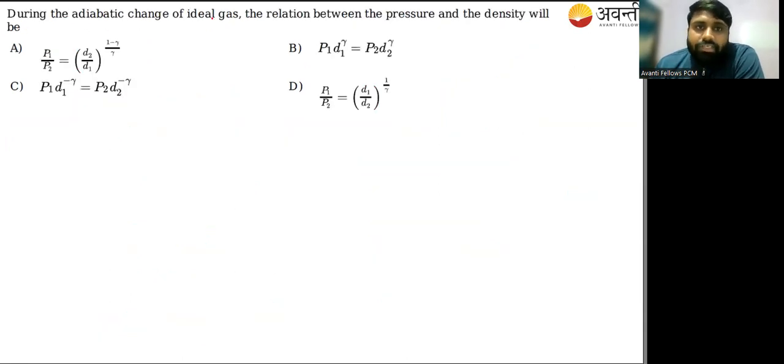During the adiabatic change of an ideal gas, the relation between the pressure and the density will be. So here the change in pressure and change in density have to be related. Now, very easy question if you know the equations.